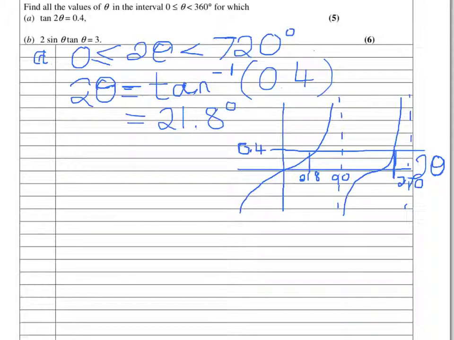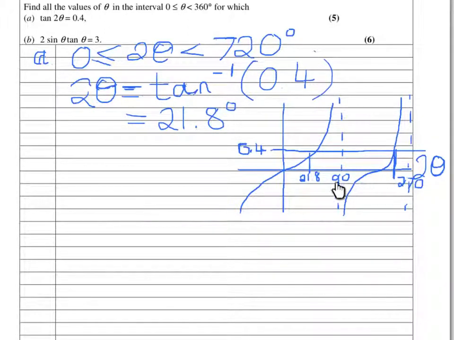I know that the width of the tan graph, well, its period, is 180. So there should be an asymptote there that's minus 90. I can see actually that this interval is 180.